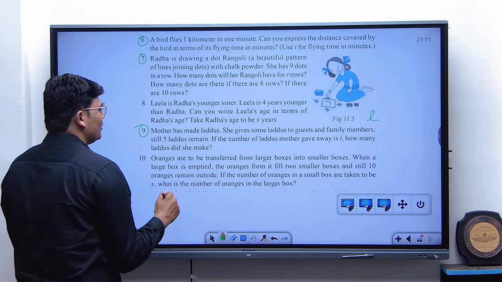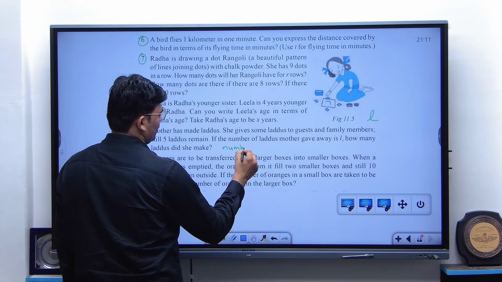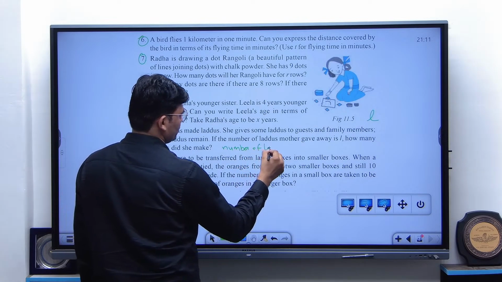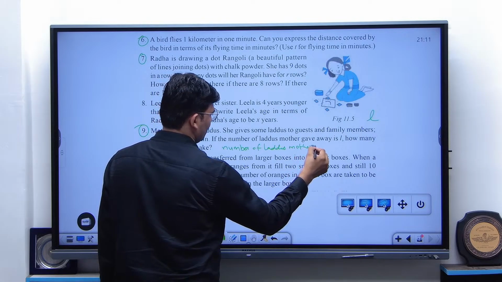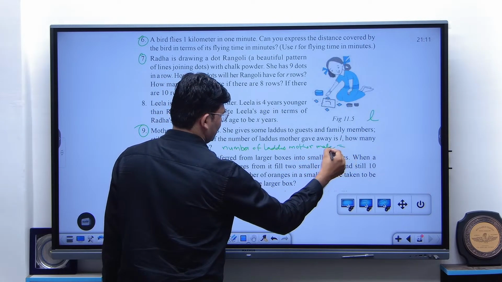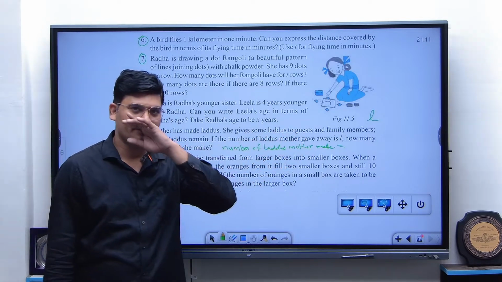So first you will write, okay, write it like this: number of laddus mother made is equal to, you have to write this and then you write the answer. Tell me.